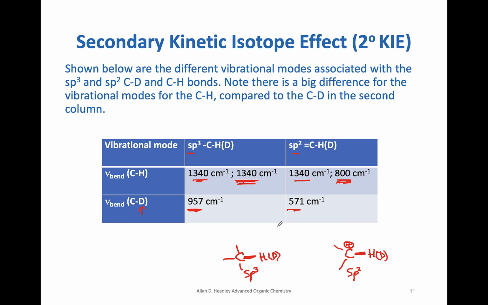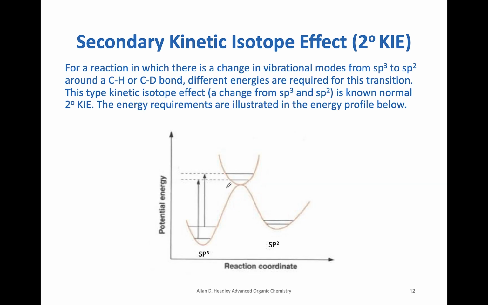Let's look at that concept differently, and let's use the potential energy diagram. Here we have the sp3 carbon. For that sp3 carbon to go to the sp2 carbon, as you know, it goes through a transition state, and here is what it looks like. As you can see, the energy difference for the sp3 going to the sp2 carbon is reflected from the vibrational mode.